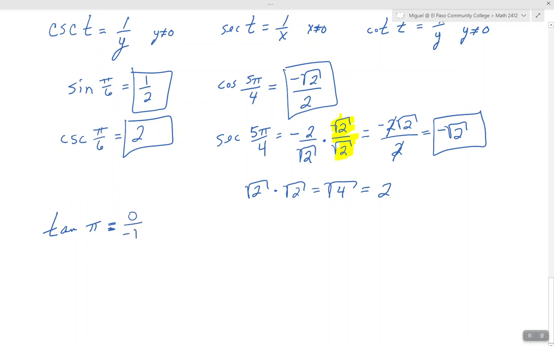Y is 0 and x is negative 1, which of course we said earlier was 0. So what would be cotangent of pi? Good. The reciprocal of 0 over negative 1 is of course negative 1 over 0, right? Which is undefined.